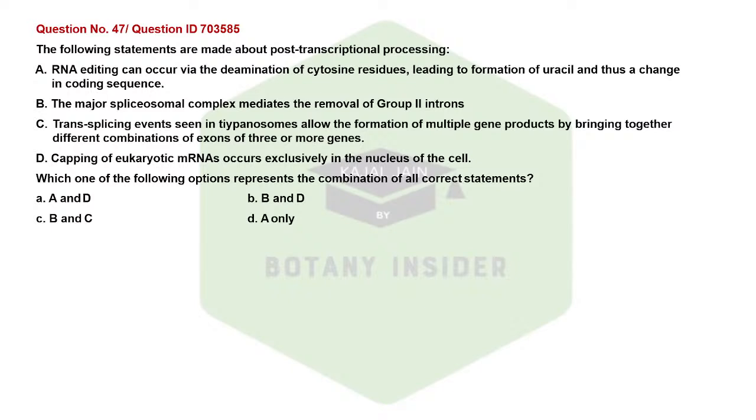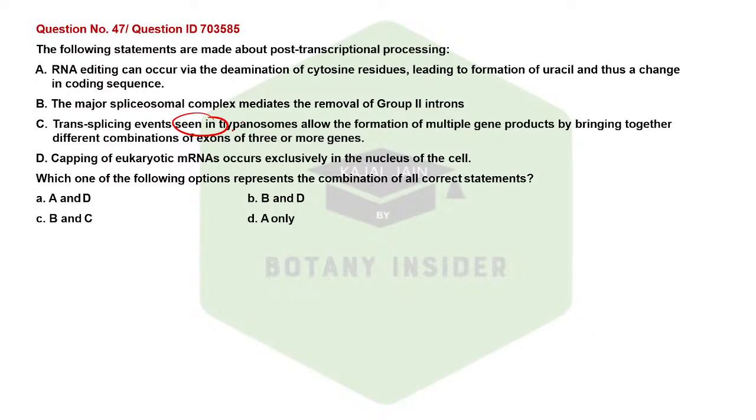The following statements are made about post-transcriptional modifications or post-transcriptional processes. RNA editing can occur via deamination of cytosine residues, leading to the formation of uracil, thus a change in the coding sequence. A major spliceosome complex mediates the removal of group 2 introns.